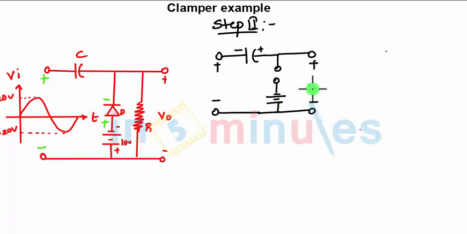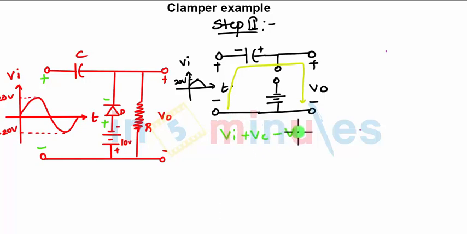Now in order to find the value of VO, the input is going to a maximum of 20 volts, VI with respect to time. When you apply KVL from this point to this point, the equation of the KVL will be VI plus VC minus VO equals 0. So VO will be VI plus VC.